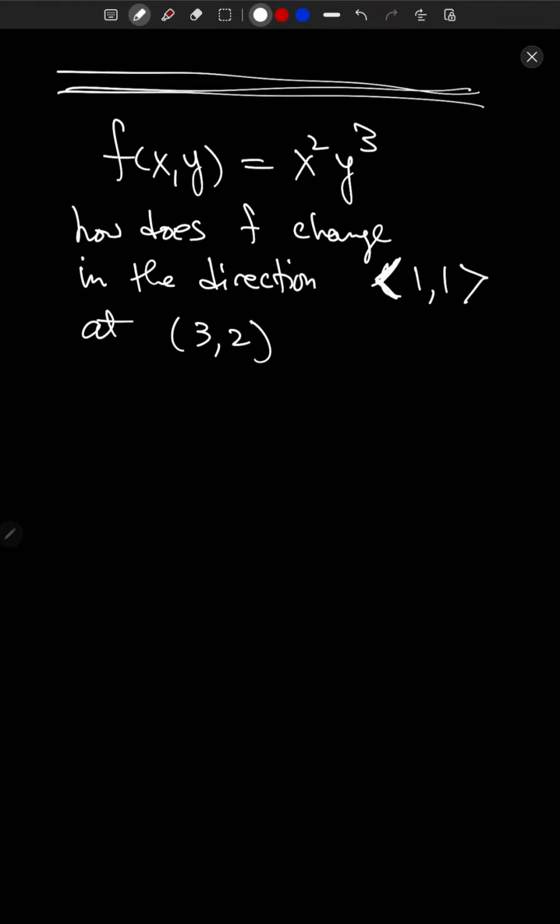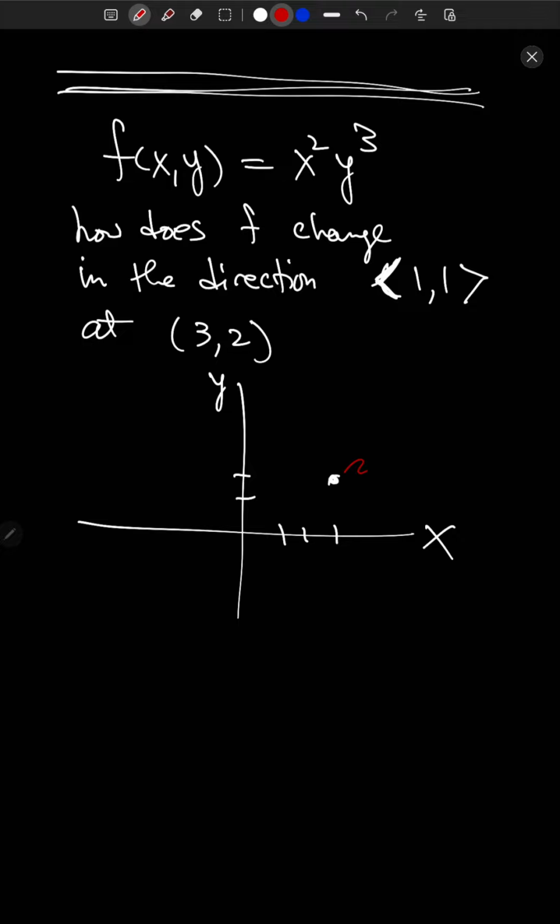If this is our domain, we're right there. We want to know how our function changes as we move in that direction.